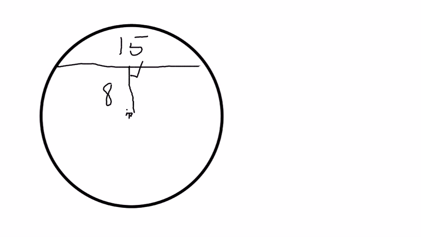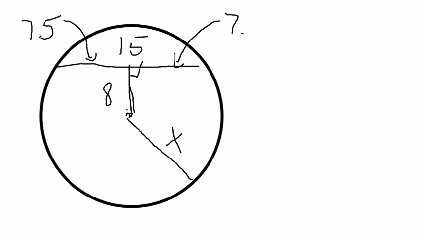And we want to find radius x given that information. Now, a line from the center that is perpendicular to a chord bisects that chord. So we know that that's 7.5 and that that's 7.5.